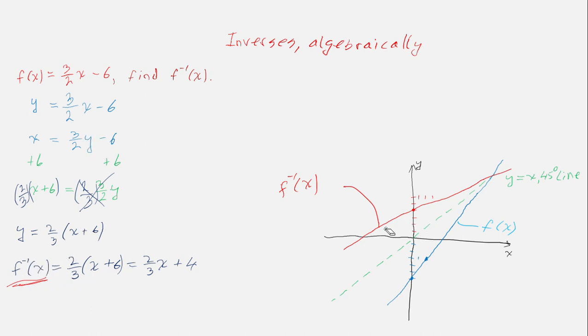To check, we can graph, or just for the fun of it, we can graph and see how the red one, the inverse, and the blue one, the original, are reflections of each other over this green line, which is the y equals x line. And that's the line that inverses should always reflect over.